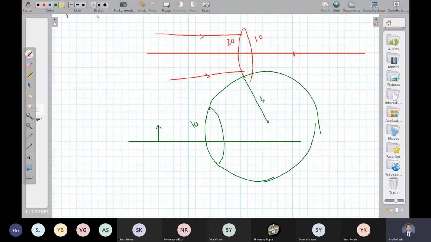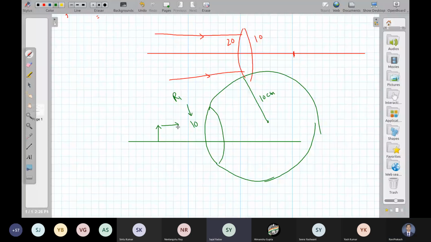Now, how do you decide whether this R1 should be positive or negative? Sir, the rays are coming from the left-hand side. Okay. So the sphere is on the right-hand side. So we take the sign convention of negative. So R1 is negative, huh?